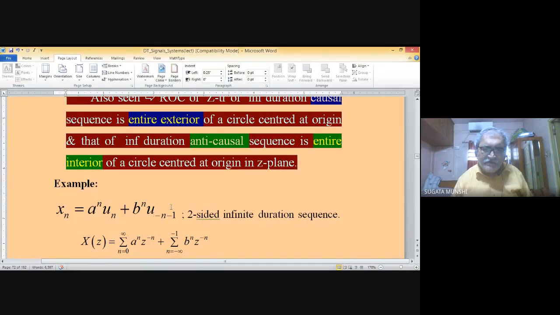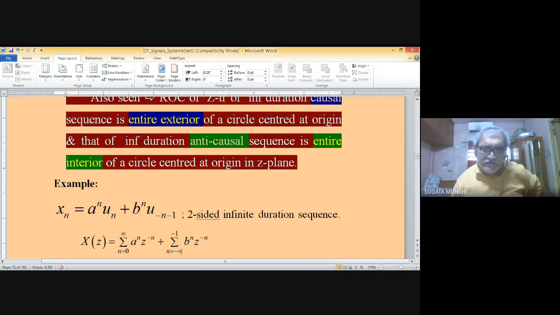And for the second part, the anti-causal part, samples for n greater than or equal to 0 will be absent. So that's why this summation extends from n equal to minus infinity to minus 1. Over the first span, u[n] is 1.